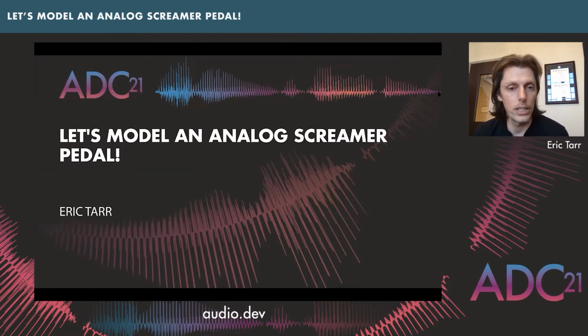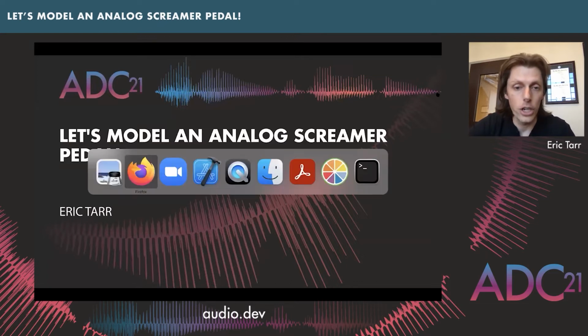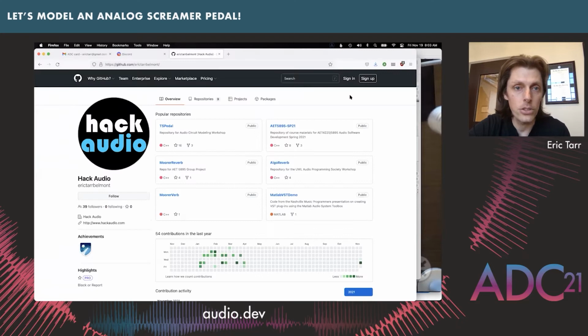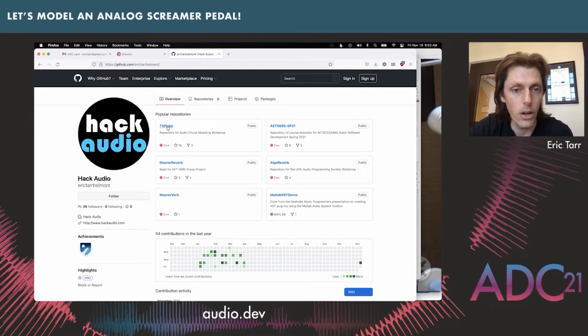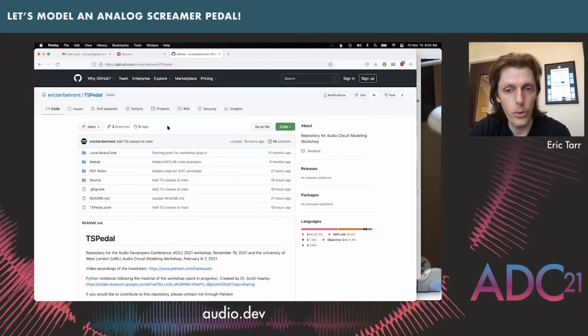If you're wanting to follow along and you haven't already, there is a GitHub repository for this workshop. Let me switch over and show you where you can access the materials. On GitHub, if you go to github.com/EricTarrBelmont, from there you can click on this repository called TS Pedal that we're going to be using for the workshop.